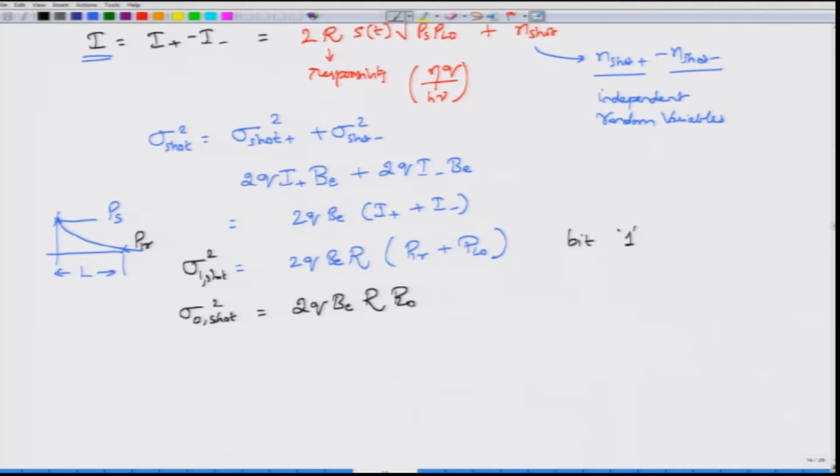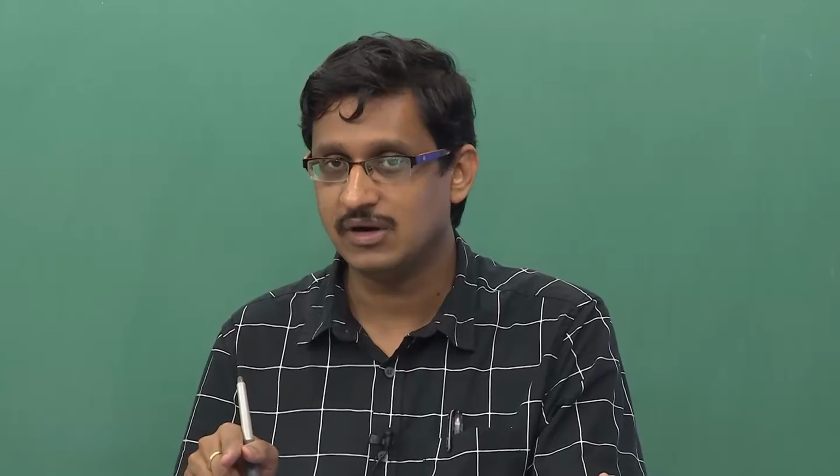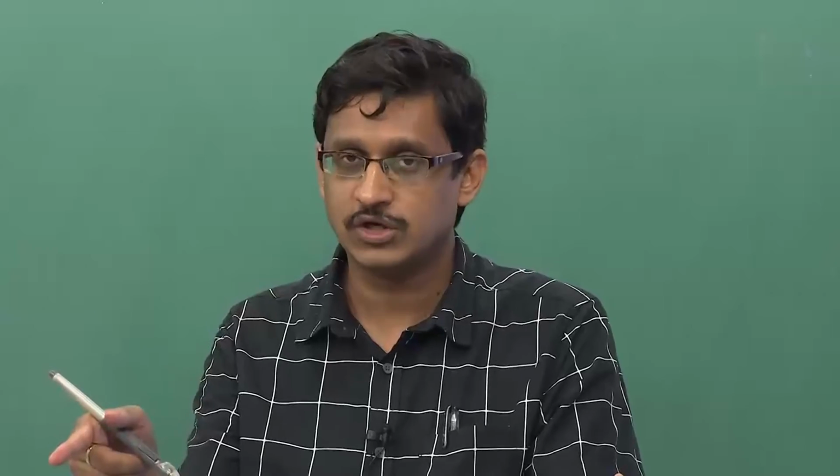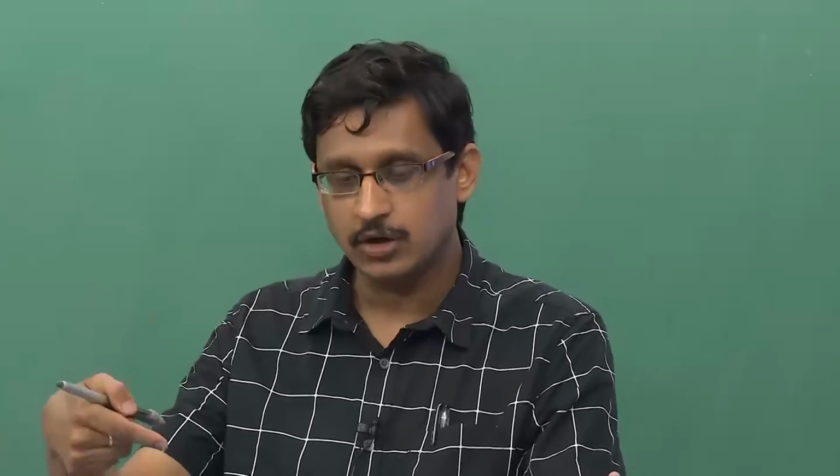This is the primary difference between what you are going to get for bit 0 and bit 1. The shot noise for bit 1 will include P1R plus PLO, that would be the total mean optical power that you receive when you transmit bit 1, whereas when you transmit bit 0 there is no power to receive. However, the local oscillator which is sitting at the receiver is going to contribute to the total shot noise. In addition to these shot noises, there are also going to be thermal noises.